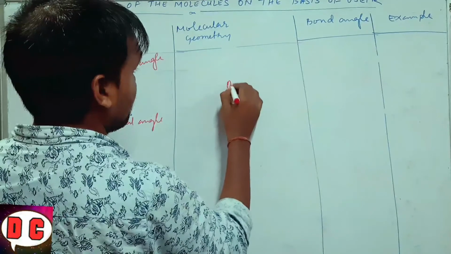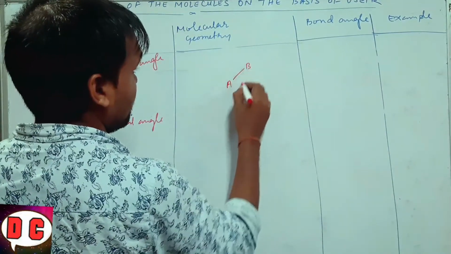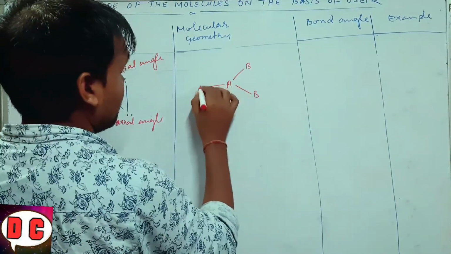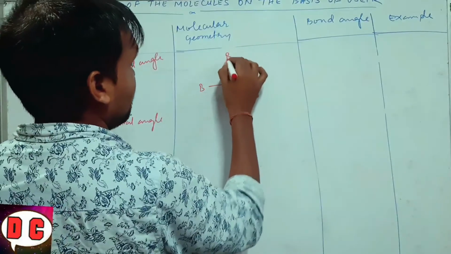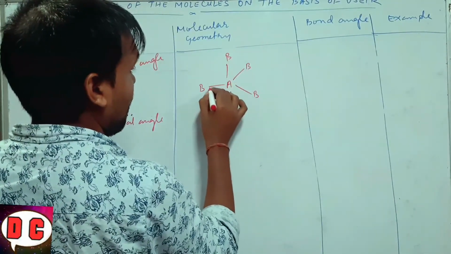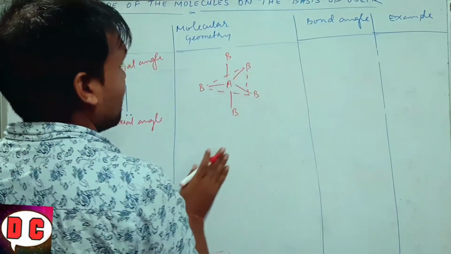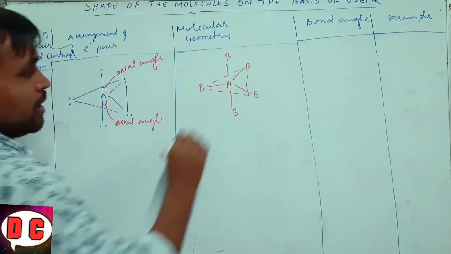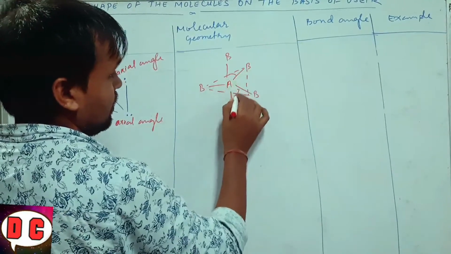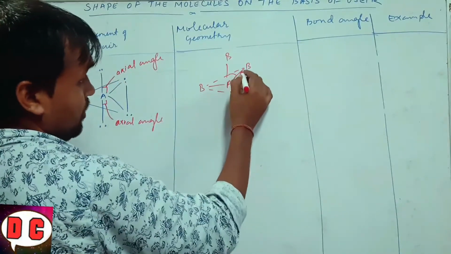You see, here it will be A, B, B, B, B, B. This is the axial angle, and this will be the equatorial angles.